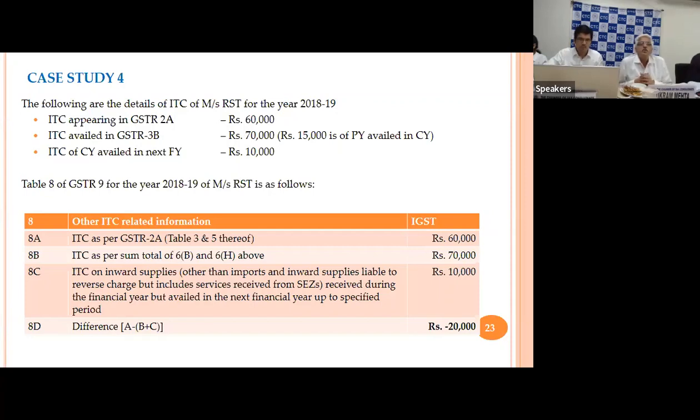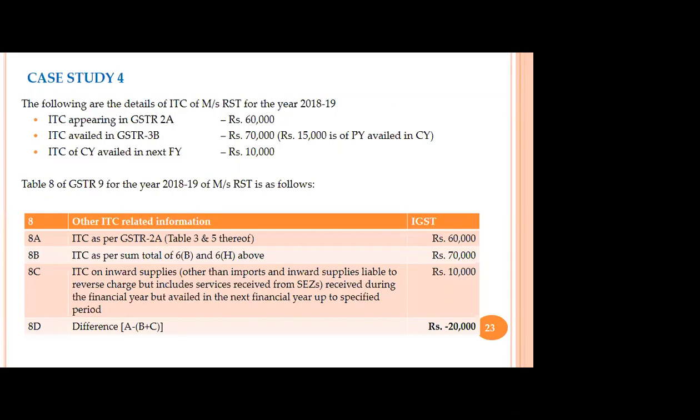Any other views? So it's just a matter of showing the bifurcation of difference from 6J and 8. And sir, I recollect the old instruction that table 8 is just for statistical purpose and is not to be used for any other purpose. I think that was in the original press release.